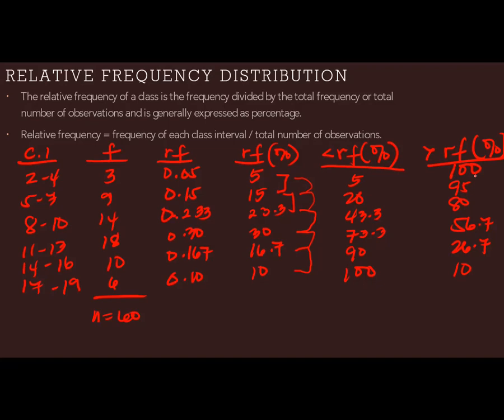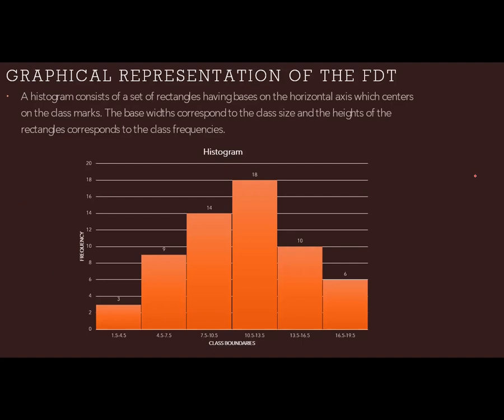Next thing that we are going to show is the graphical representation of the frequency distribution table. So one of which that we could be able to attain out from the given data set is a histogram. We can create a histogram regarding the frequency and the class boundaries, like in this particular example.